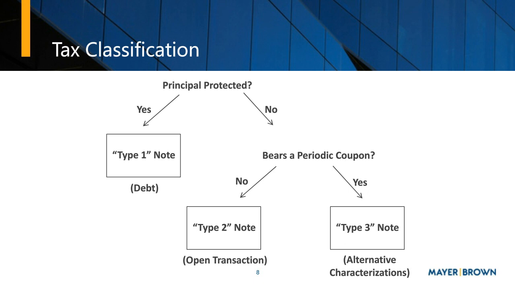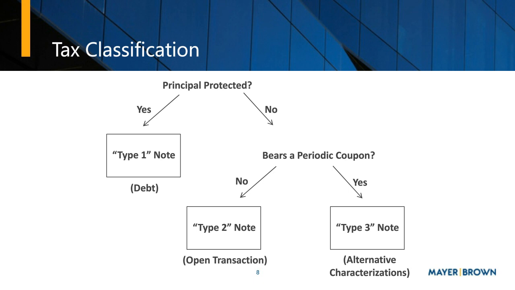Or if the answer is yes, call that a type 3 note. There are no tax rules that address the tax character of type 3 notes, but the market has essentially come up with some self-help rules, and so there are a few alternative characterizations that are being applied there.